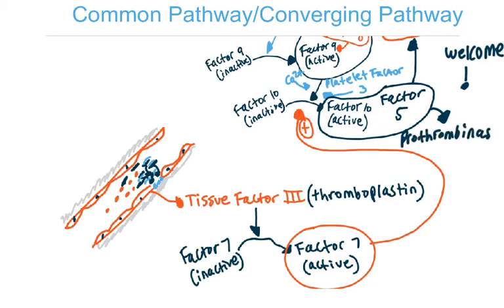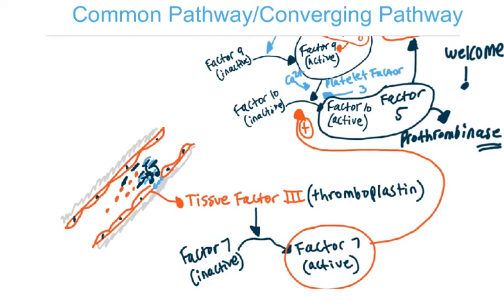It's called prothrombinase because it's an enzyme that catalyzes the reaction of the inactive form of factor 2, called prothrombin, into thrombin, which is the active form of factor 2.